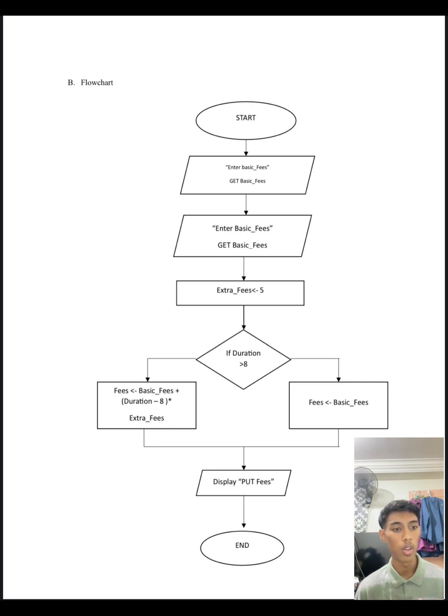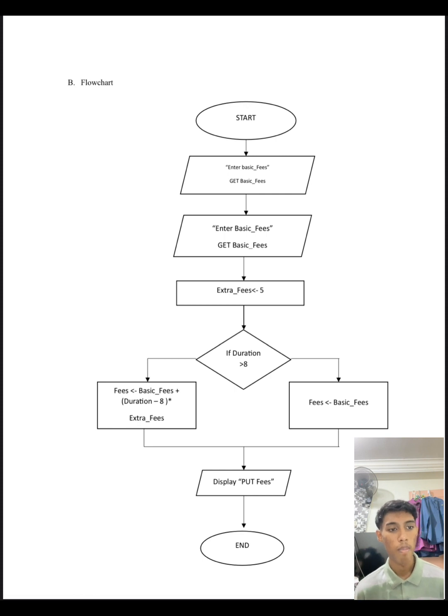If we go to yes, it will go to fees equals basic_fees plus duration minus 8, stars, which means multiply, extra_fees. If it goes to no, it will go to fees equals basic_fees.